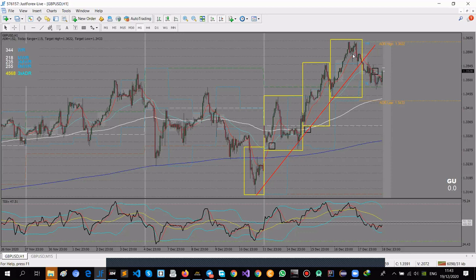As you can also see, with this 13 and 50 cross, it clearly confirms for us that the market is now in level 1.